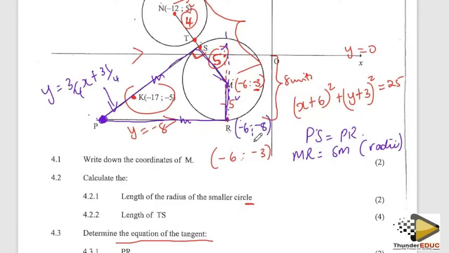So if I can get the coordinates of P, then I can use my distance formula. I wouldn't even need a distance formula since I'm going to have the same -8 somewhere here. I can get this -8, substitute it into this equation by the y, and then I'm done. I'll get my P, get the distance, and then I'm ready to go.